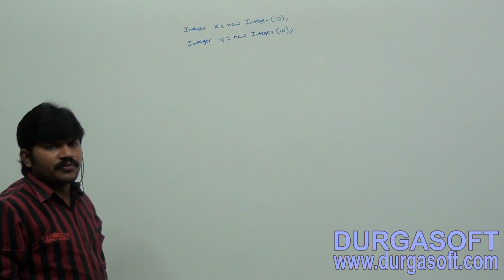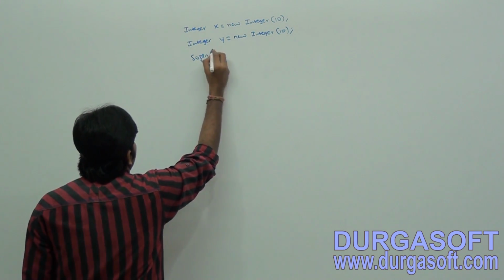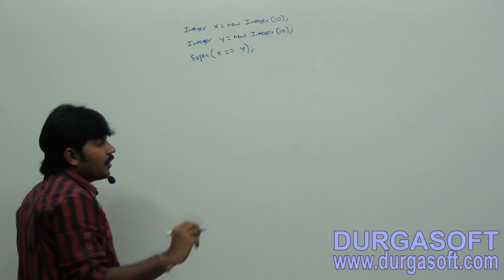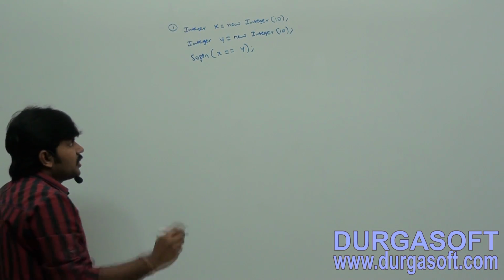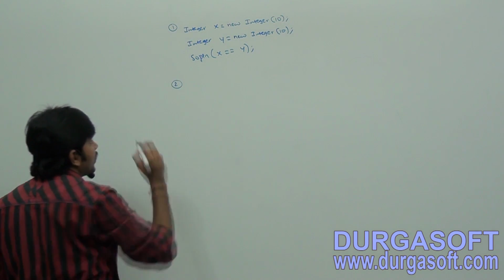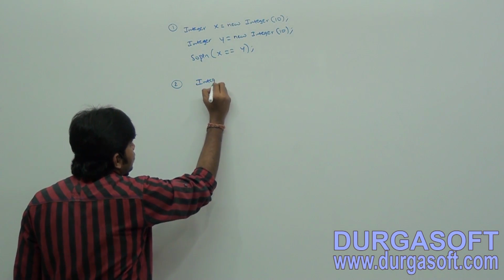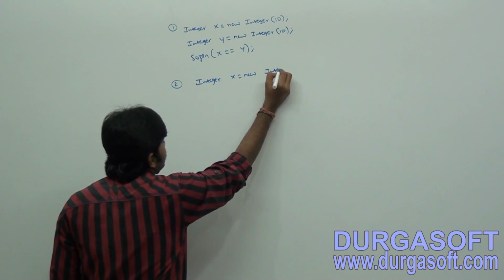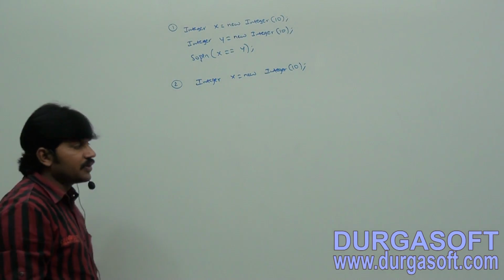System.out.println x double equal to y. Okay, so this is my first example, case 1. Now I am taking case 2. Integer x is equal to new Integer of 10.